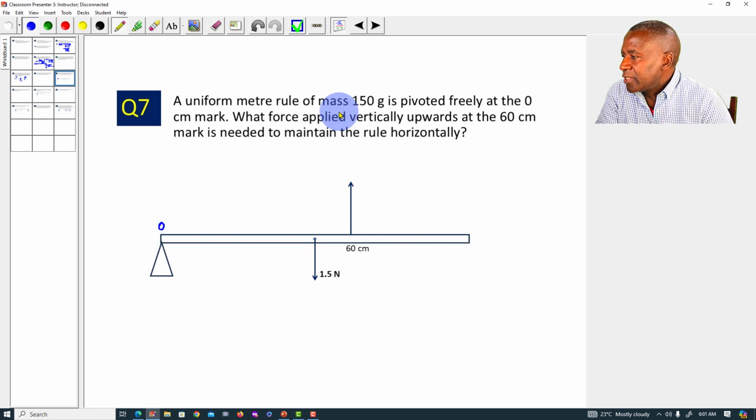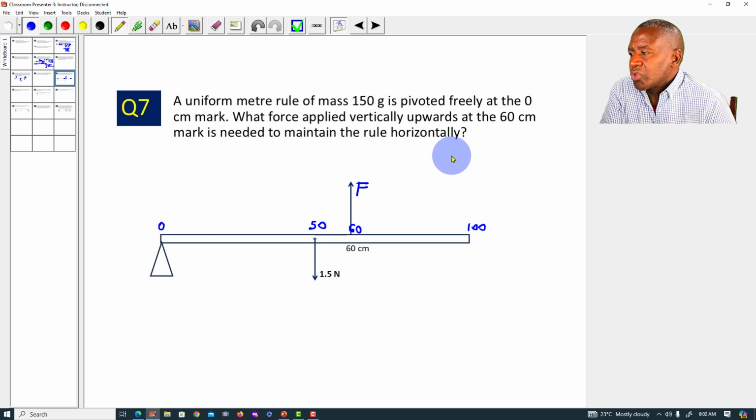This meter rule, of course, this is the 100 centimeter mark, this would be the 50 centimeter mark, and this is the 60 centimeter mark where this force is exerted. So they're asking us what force applied vertically upwards at the 60 centimeter mark is needed to keep the meter rule horizontal, or to keep it in equilibrium.